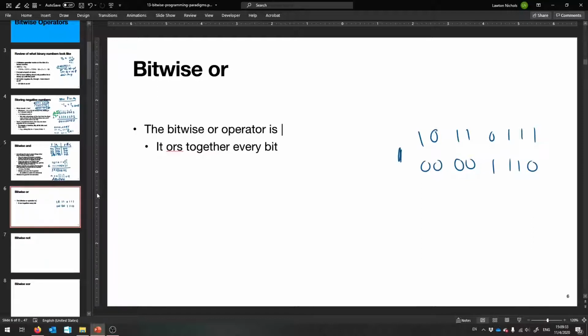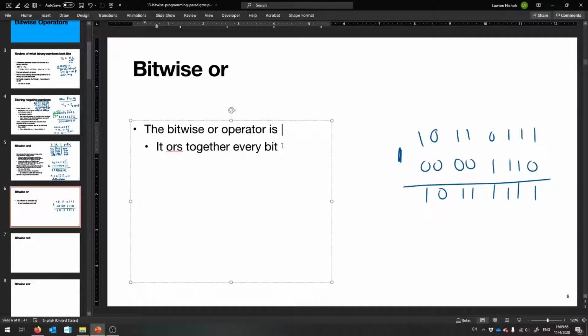So if I OR those with just a pipe character, it's going to OR together each individual bit, and so true or false is true. Anything that's not double zeros is going to be true, right? So true or true, yeah, at least one of them was true. 1 1 0 1. So remember that OR gives back true if at least one is true.